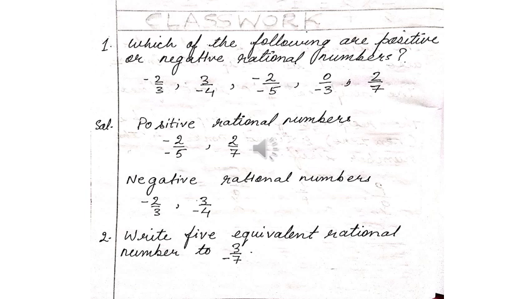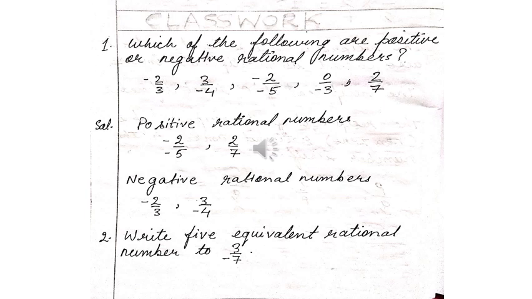Now you have to find the positive and negative numbers from it. The positive number here is minus 2 upon minus 5, because if you multiply both the numerator and denominator by minus 1, they turn into 2 upon 5, and that is positive. The second is 2 upon 7, because it has the positive sign. So these two numbers are positive.